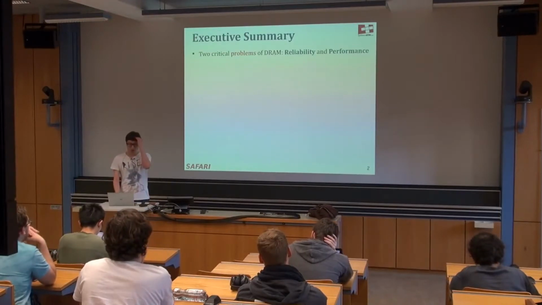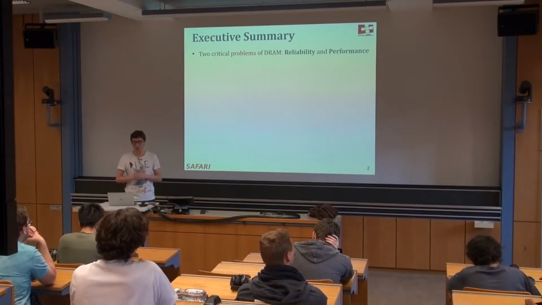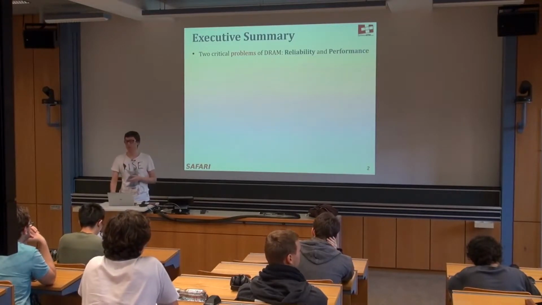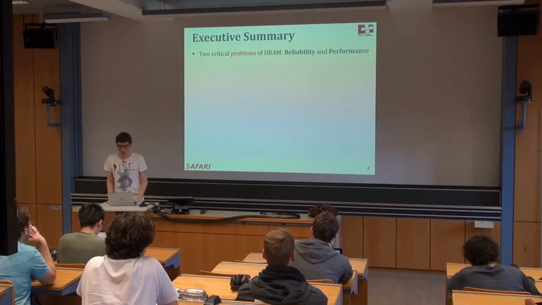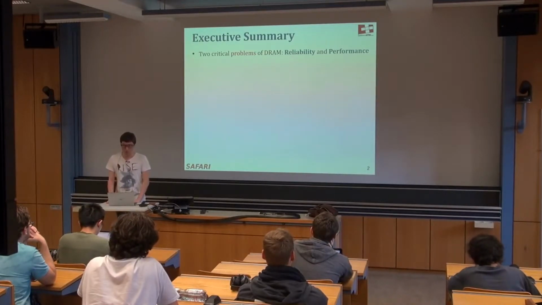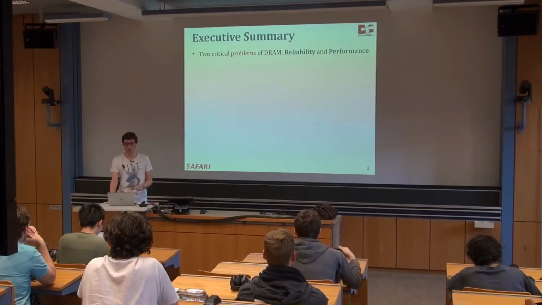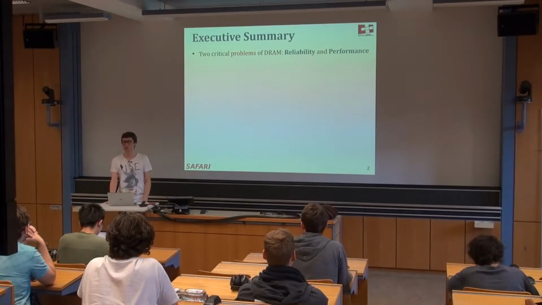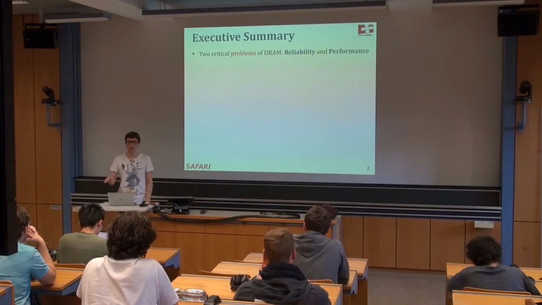Okay, so let's again start with a quick summary. Two critical problems of DRAM are reliability and performance. This is becoming increasingly more important by scaling down the technology nodes. Not very recent, but the RowHammer problem was discovered, right? And it only affects DRAM chips manufactured with small technology nodes.